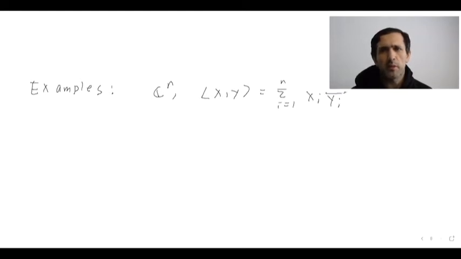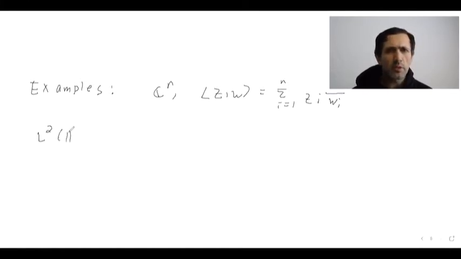Just multiply these two complex numbers together. Maybe I'll do z and w. It's more conventional for complex numbers, but whatever. So here z is the n-tuple of complex numbers z1 through zn, and w is the n-tuple of complex numbers w1 through wn.